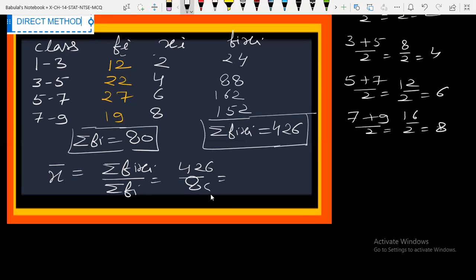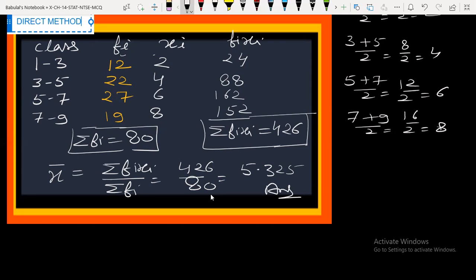So 426 by 80, that is 5.325 answer. Please, you don't make mistakes in addition. Again, you have to add the frequency and fixi twice. 12 plus 22 plus 27 plus 19, that is 80.